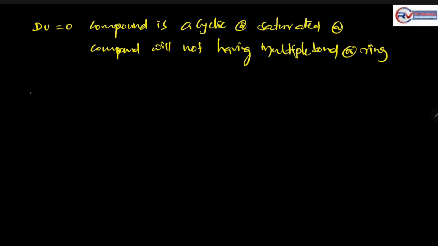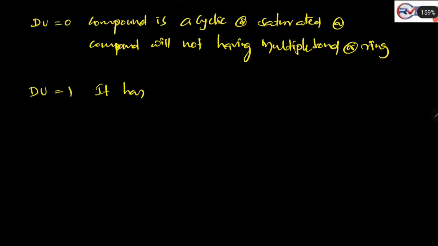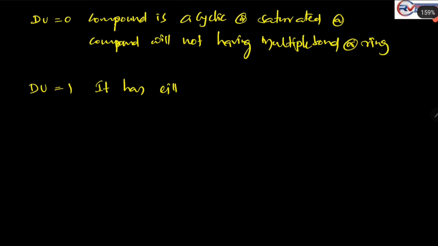Now if DU equal to 1, the compound has either one pi bond or one ring.